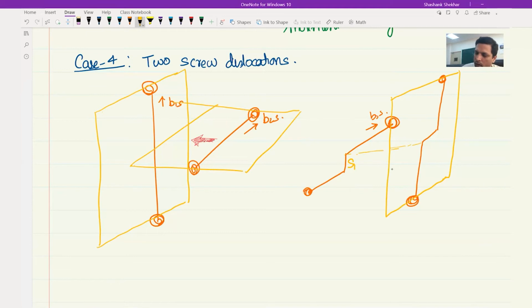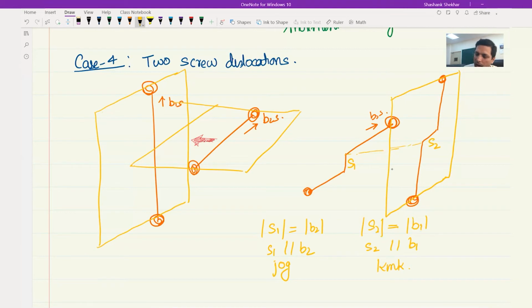So this is S1, this is S2. S1, magnitude wise, is equal to B2, and S1 is parallel to B2, and it is a jog. And S2, magnitude wise, is equal to B1. S2 is parallel to B1, and it is in the same plane, so it is a kink.